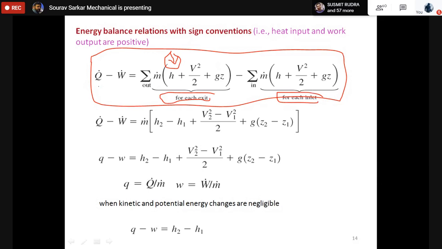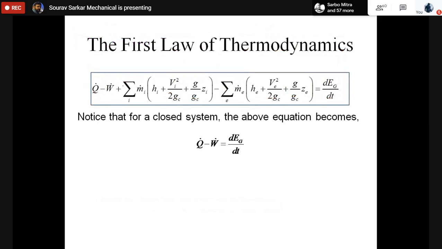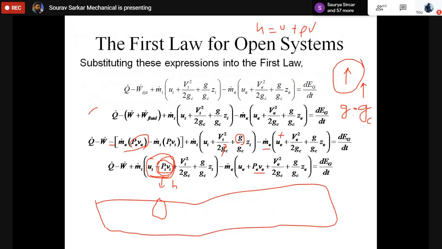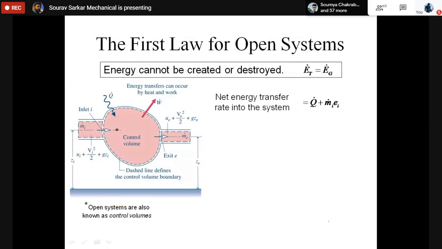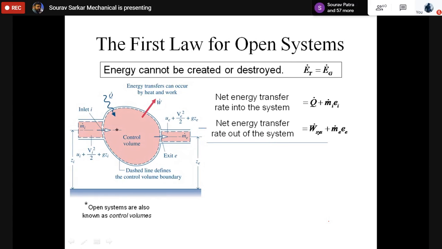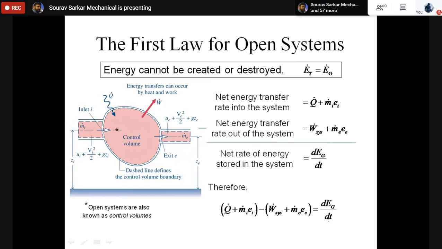This equals Q minus W. So if you go back to where we started, it is energy into the system and energy out of the system. If we subtract it, I will get this expression, and this expression will lead me to this equation.